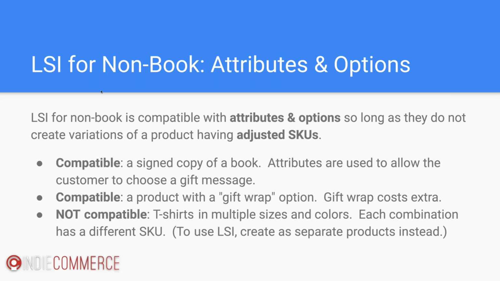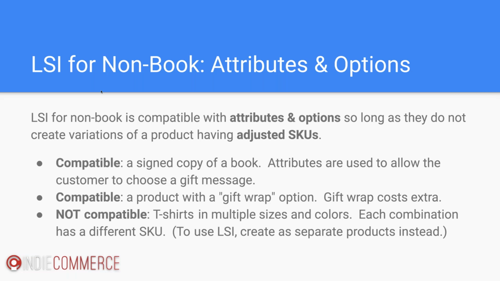LSI for non-book is compatible with attributes and options so long as they do not create variations of a product that have adjusted SKUs, meaning they have different SKUs, meaning that one product has multiple SKUs with multiple stock levels from different sources. So just to give a few off-the-cuff examples, what would be perfectly compatible with LSI for non-book is a signed copy of a book where attributes allow the customer to choose a gift message.